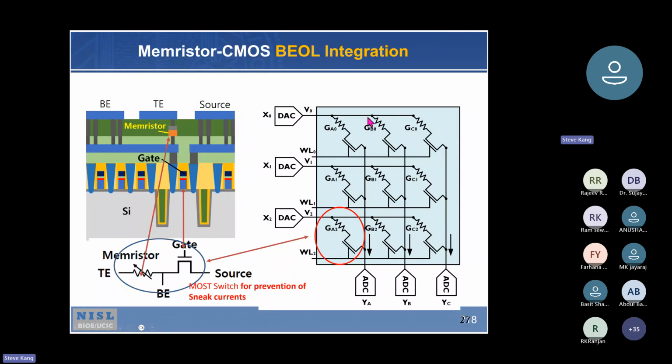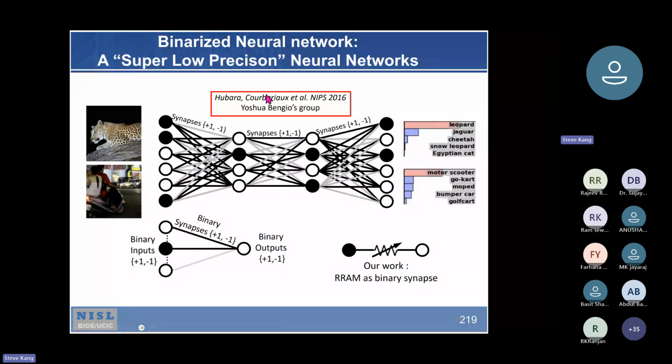So this is memristor, memristor, memristor, and then a switch to turn on and off to prevent what is called the sneak current. Now, there is a synaptic connection here, but this particular case is where the synapse is binary, either +1 or -1.